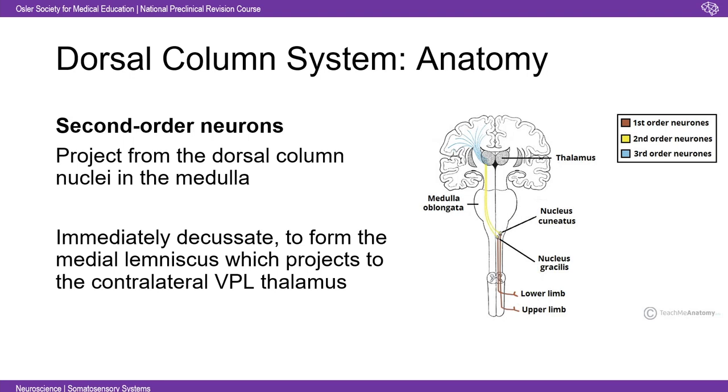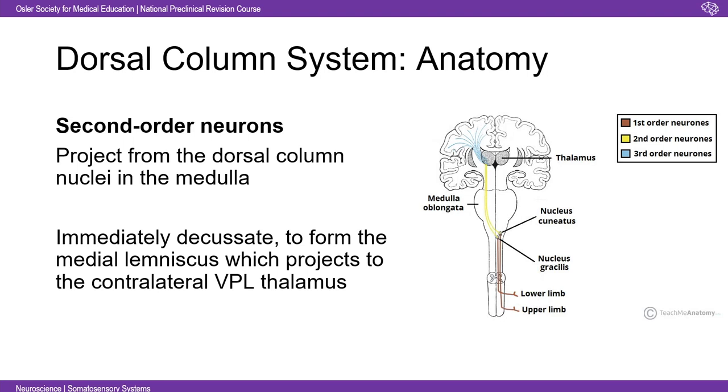It's really important to recognize that this decussation, which decides whether things are ipsi or contralateral, happens very high up compared to the other system we're going to talk about. So this happens very shortly after the medulla, essentially in the medulla.